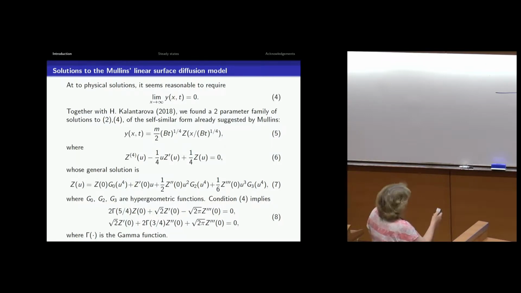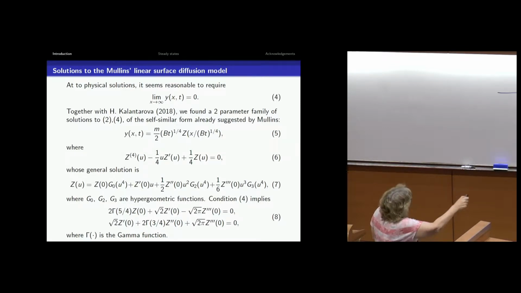Okay? And so together with my postdoc, Abiba Kalantarova, just recently, we found a 2-parameter family of solutions to the Mullins linear equation with this far-field condition, okay? And it's again of this self-similar form suggested by Mullins.